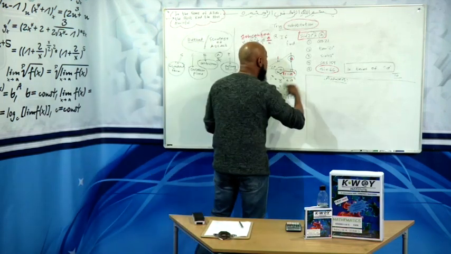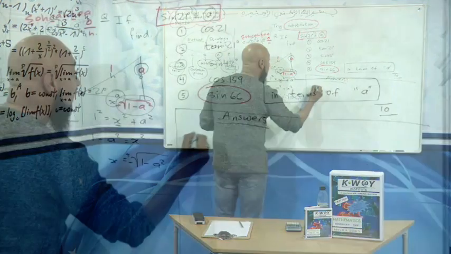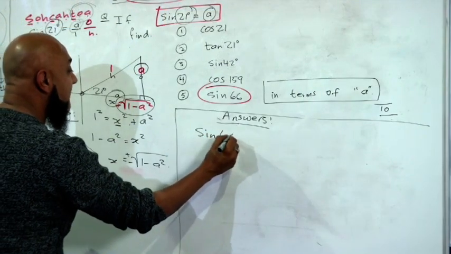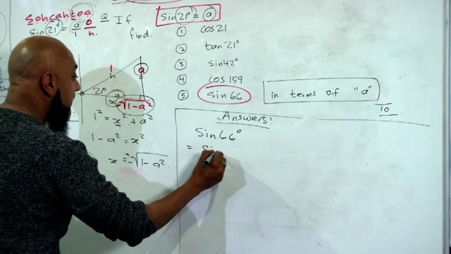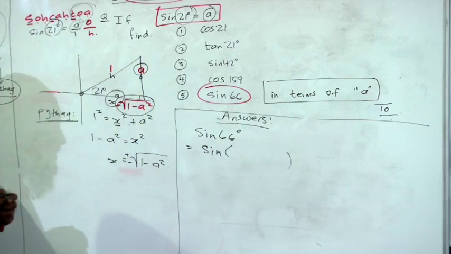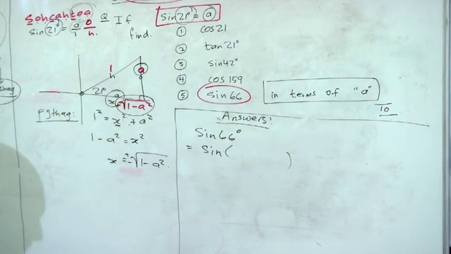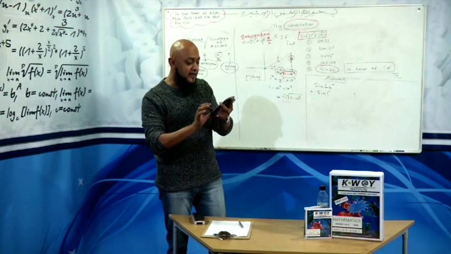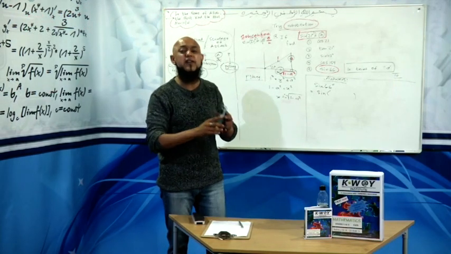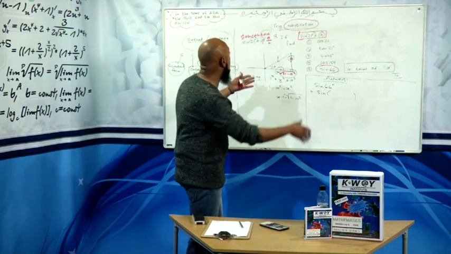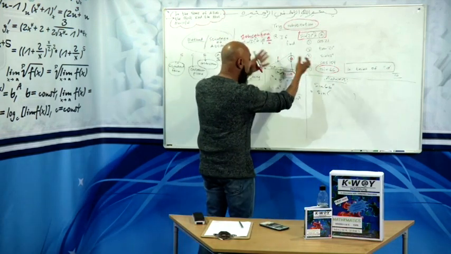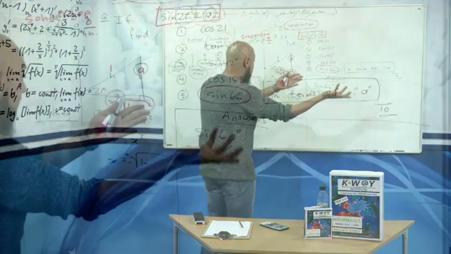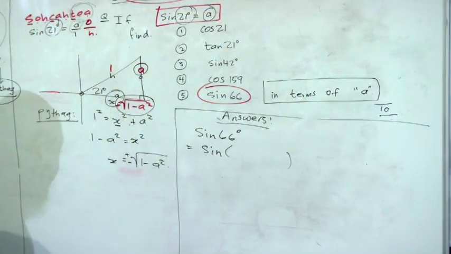Let's get started. Sine 66. Right. So now, sine 66 is going to be sine. Now we can't say 90 minus an angle, because if we take our calculators and say 90 minus 66, that gives me 24 degrees. There's no relationship between 24 degrees and 90, your quadrant, or the 21 degrees that's given.